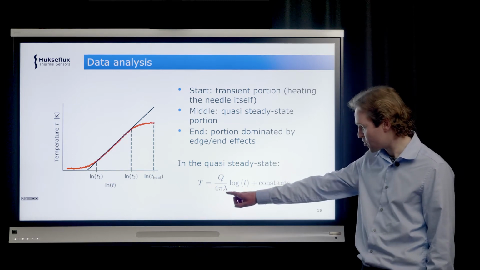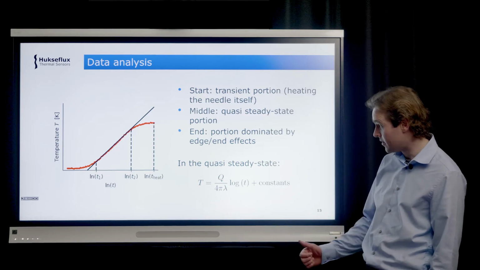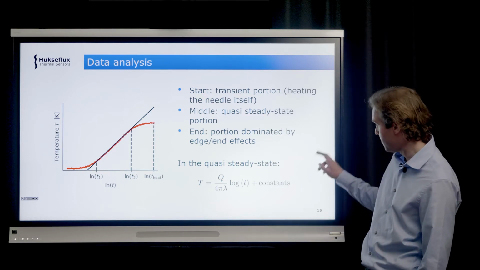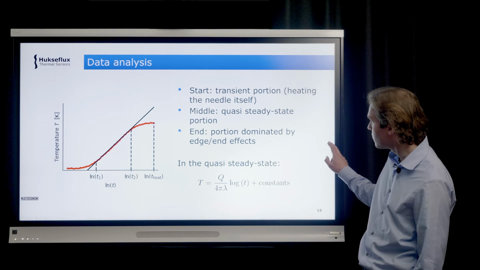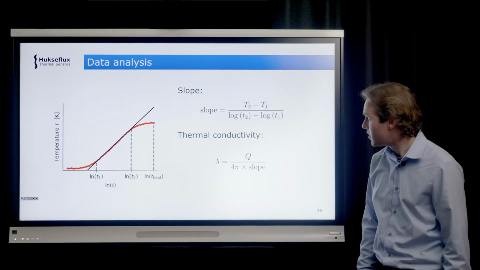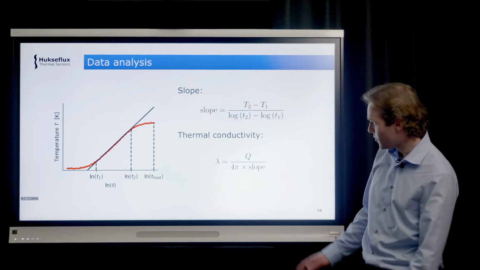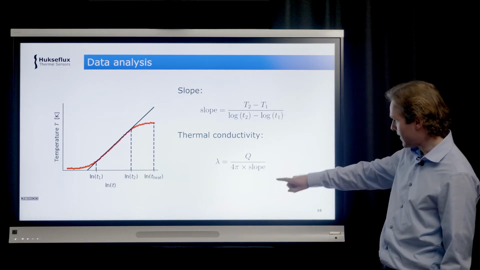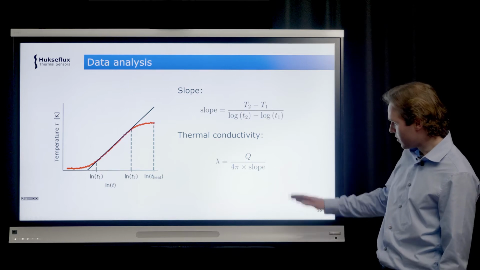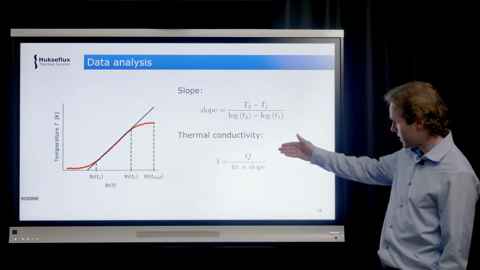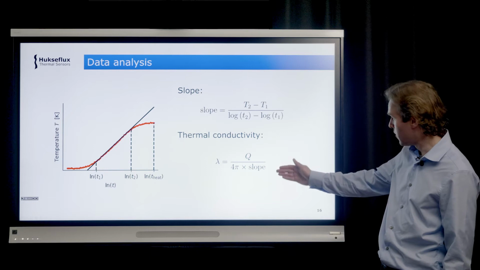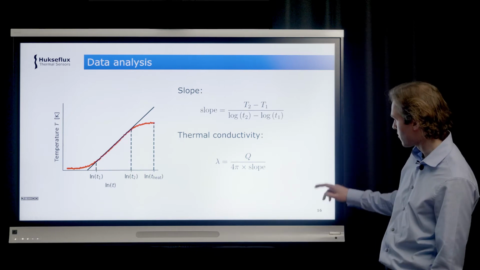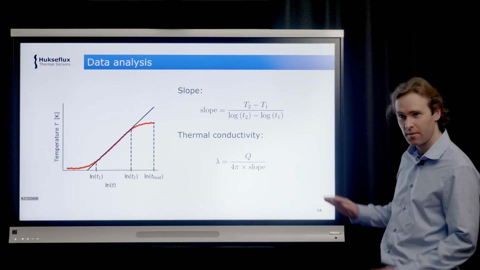And you can see that the slope depends only on the heater power and the thermal conductivity. So what do we do? We take this middle portion, we determine the slope, and then using this formula, you can calculate the thermal conductivity. The heater power is measured, so it's known, and the slope you've just determined from the curve. And this gives you the thermal conductivity.